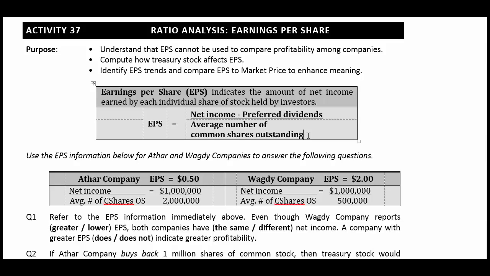You don't need a formula sheet for that. Earnings is net income on the top. Shares on the bottom is the average number of shares. So it shouldn't take a lot of memorization to get there. And when we calculate earnings, we subtract preferred dividends if there are any.